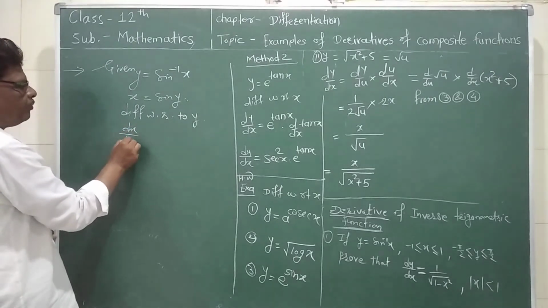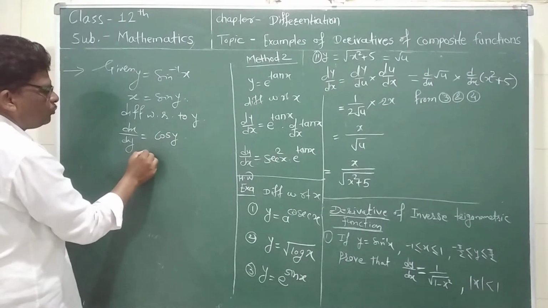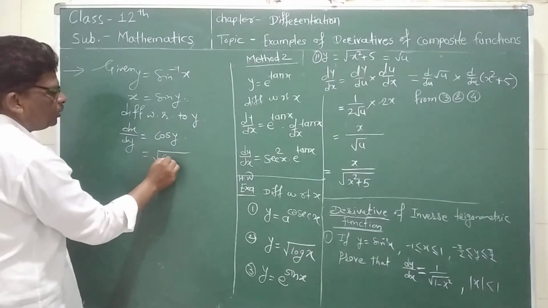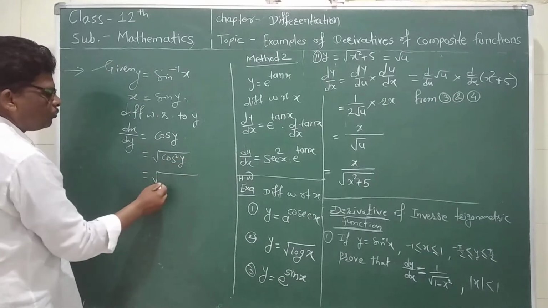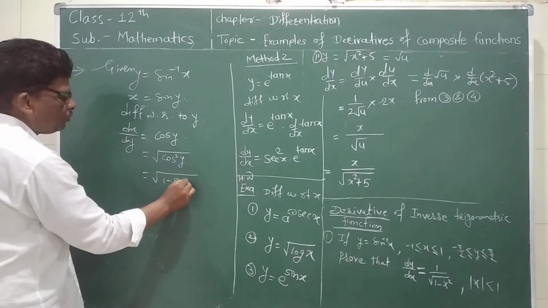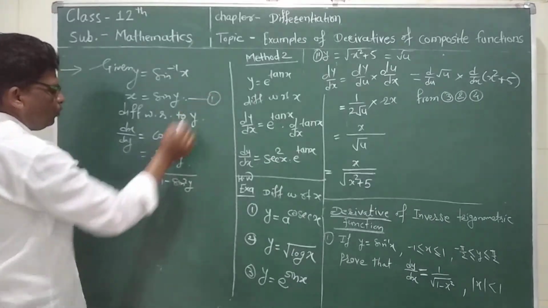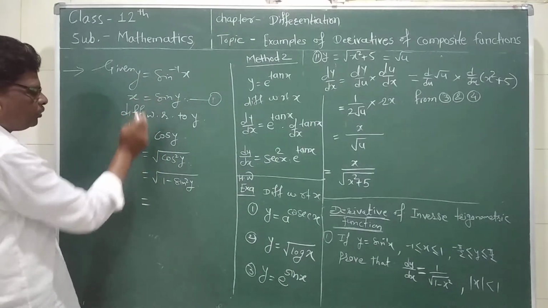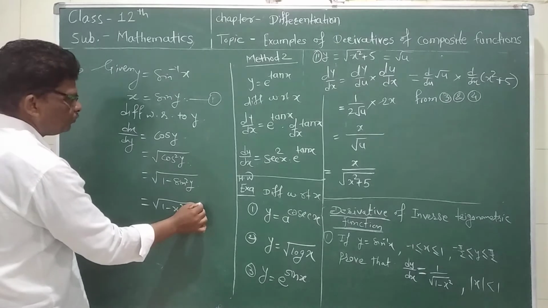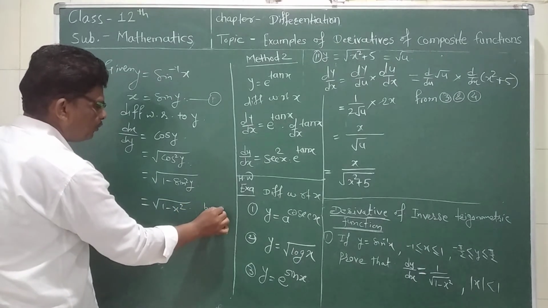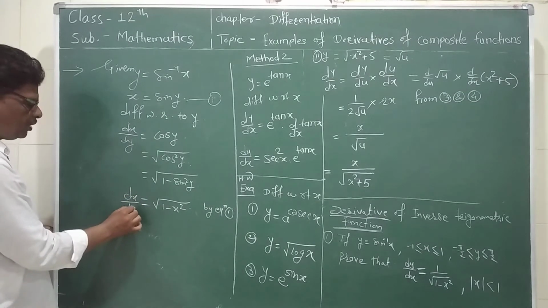So dx by dy is equal to cos y. Cos y we can also write as square root of cos square y, meaning 1 minus sin square y. But by equation 1 sin y is x, put this value: 1 minus x square under root. So that is your dx by dy.